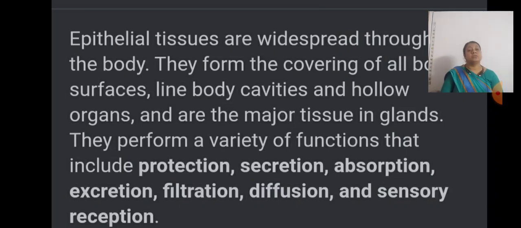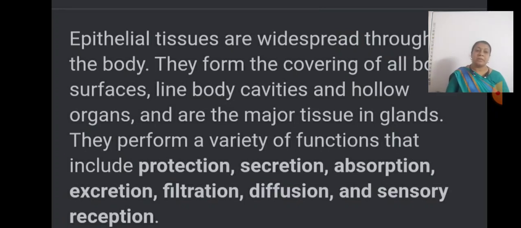Epithelial tissue is one of the most important tissues because it covers most of the body surface. There are different types of epithelial tissue on the basis of the type of cell, or how it looks.